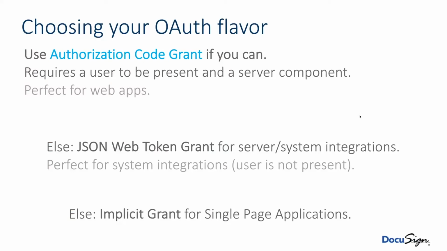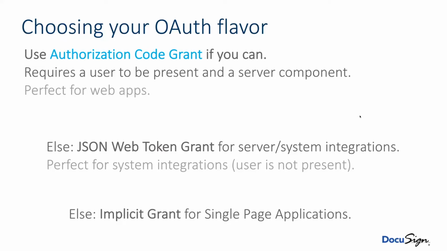If you can't use either of those two grant flows, then implicit grant is the third choice. With implicit grant, the user does need to be present, but a server component is not necessary. Implicit grant has fewer capabilities than authorization code grant.